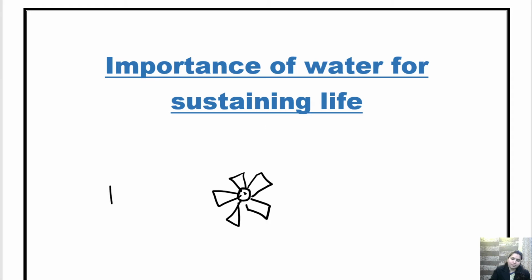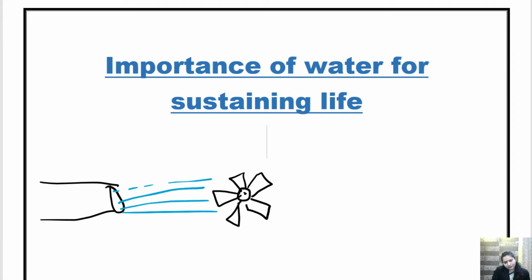With the help of a pipe, this is the pipe, water is passed with a lot of force. Getting it? Now what happens? With the force of water, this turbine starts to rotate.